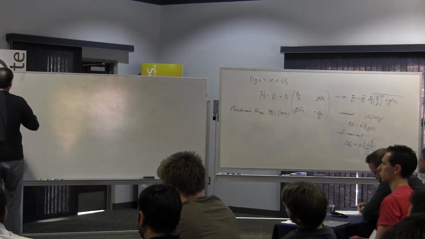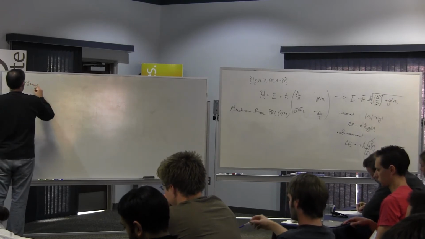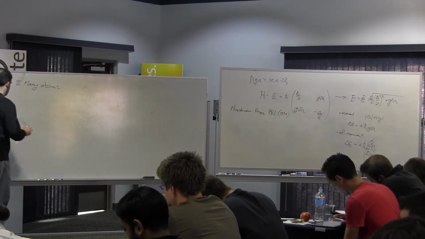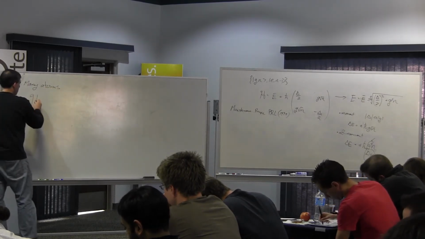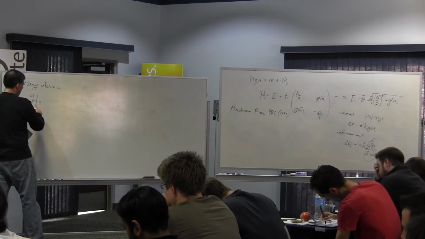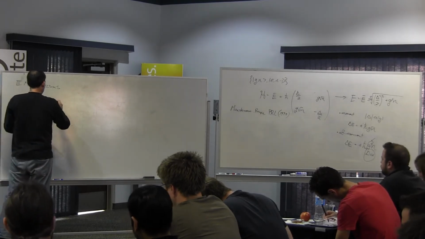So now we go to the situation of having many atoms in the cavity. So the Hamiltonian that describes this situation has a coupling term between the atom and the cavity, which is additive.